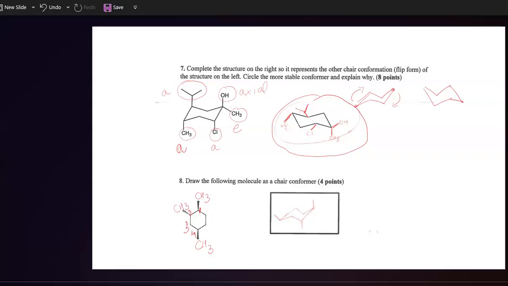So if we take this as my 1 and this as my 2, 3, and 4, at the first position we have the methyl group pointing up, at the second position we have the methyl group pointing down, and at the fourth position we have again the methyl group pointing up. So in that way we get this as an axial, this also as an axial, and this one as the equatorial.